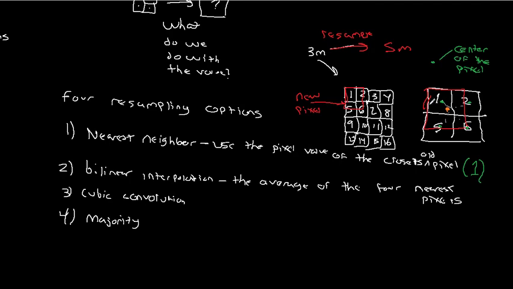So if we took the average of this, that's going to be 1 plus 2 is 3, plus 5 is 8, plus 6 is 14. It's going to be 14 divided by 4, right? So let's make a note here. 14 divided by 4, which is approximately 3.5.